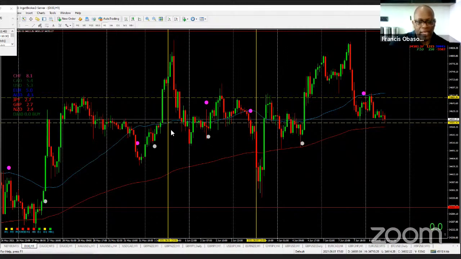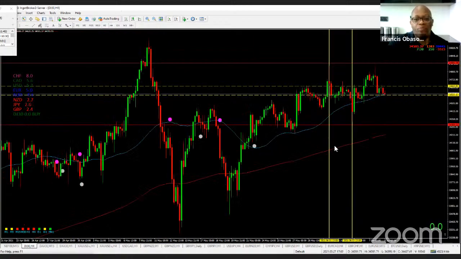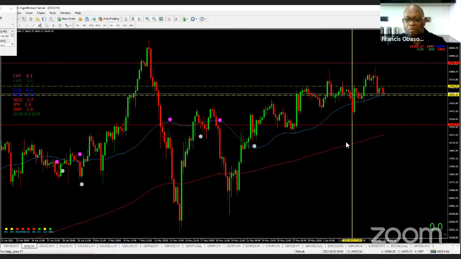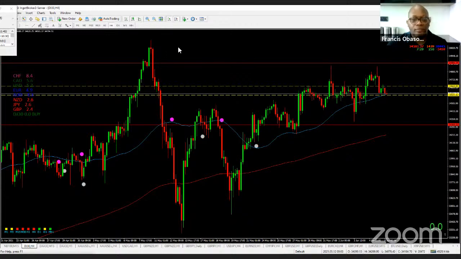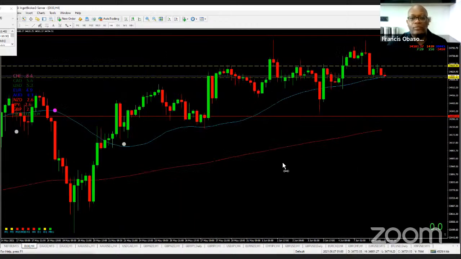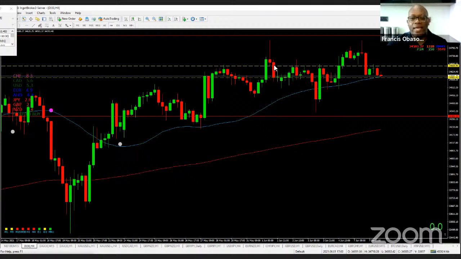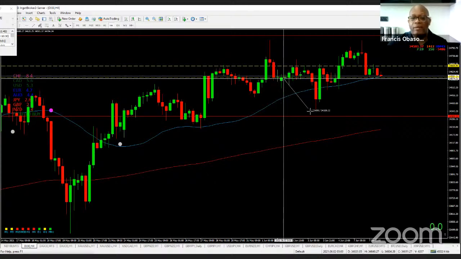So if you got in on this day, it went down, you would have captured some pips, went back up and came back down on this second day. That's how long it would have taken you, but you would have captured some good pips on there. If you entered here, that would have been the aggressive entry. This would have been the conservative entry, but it's still good.